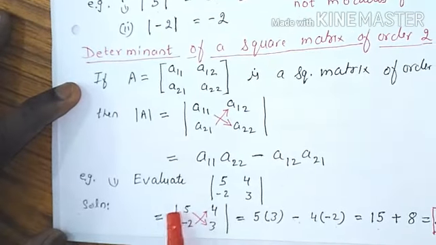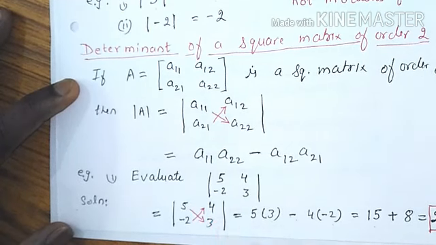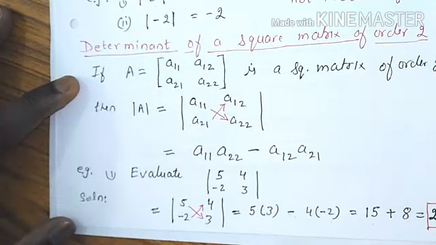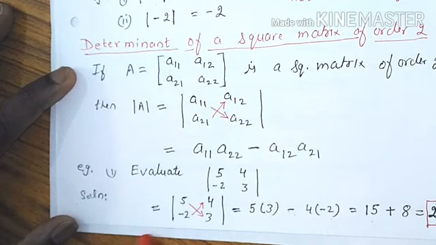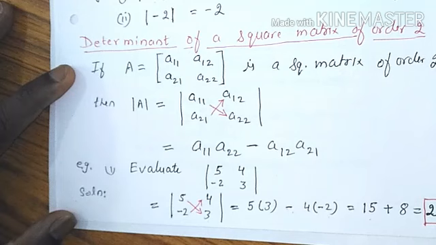You can see this example: we want to evaluate the determinant of the elements 5, 4, minus 2, 3. Clearly this is a determinant of order 2 by 2, so we will find it by cross multiplication as I explained earlier.